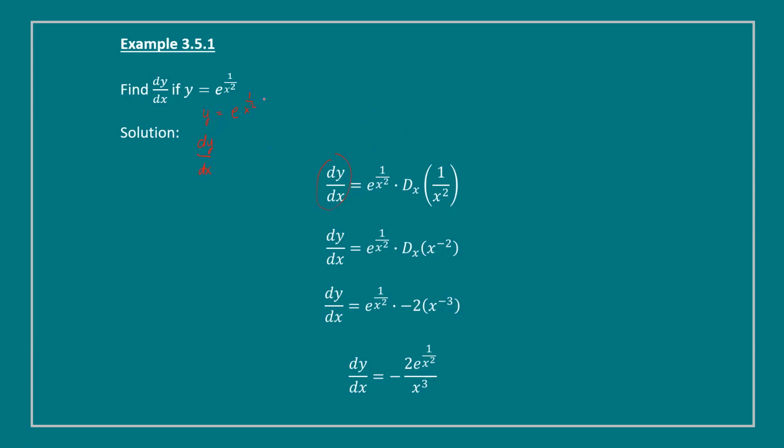So again, the first step is always to try to write the given exponential function. Then next is you get the derivative of the exponent, right? So the exponent can be expressed as x to the power of -2, and then using the basic formula, bring down the exponent, then -1, that will give you -3. And so this would be the final answer.